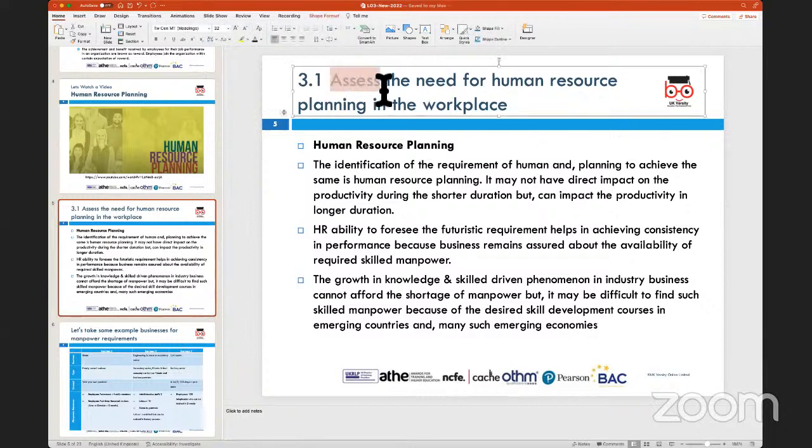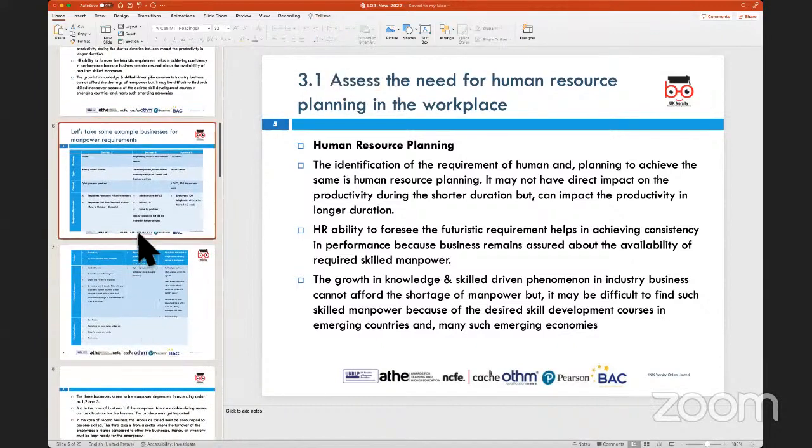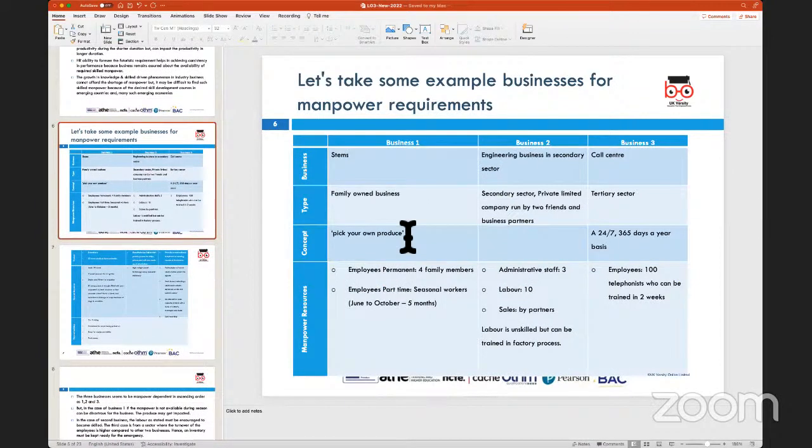Now, because the STAR says assess, and it says in a workplace, that means you would need to look at an organization to take an example, and then do the assessment, in this case assessing the workforce requirements for that particular organization.